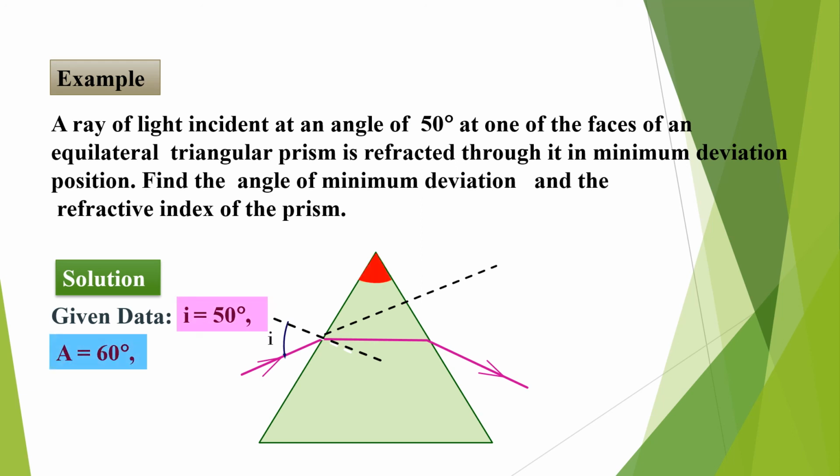So A is the angle of prism, which is the angle between two refracting surfaces of the prism. What is to be found here? So minimum deviation in this prism case, that is the angle between the emergent ray and the incident direction of the light ray. So refractive index of the prism needs to be found out.